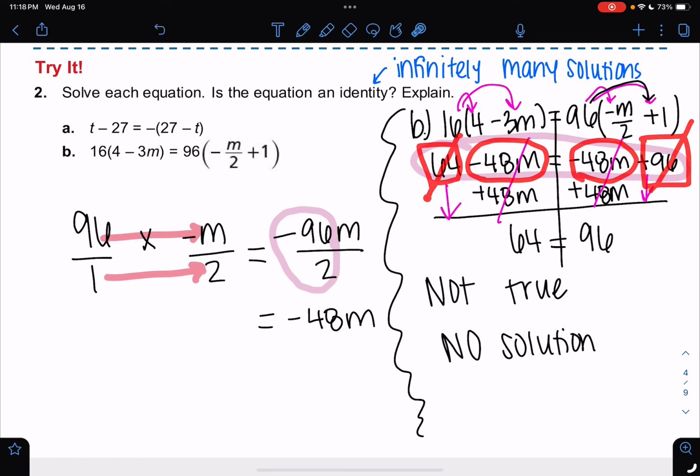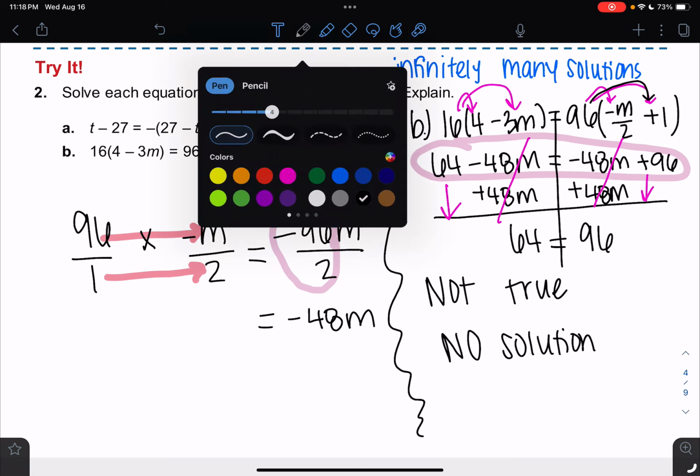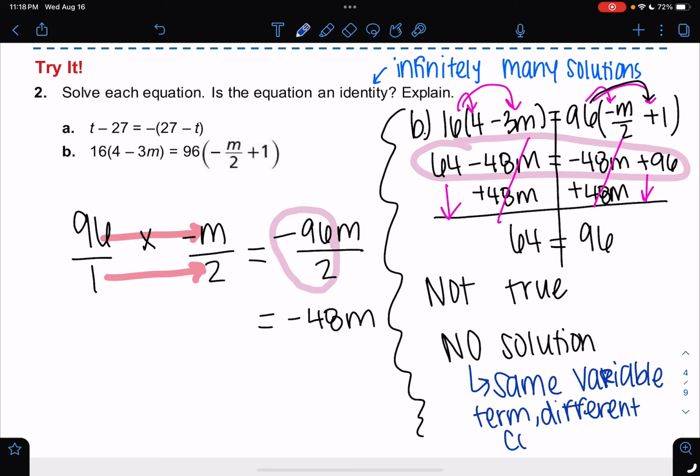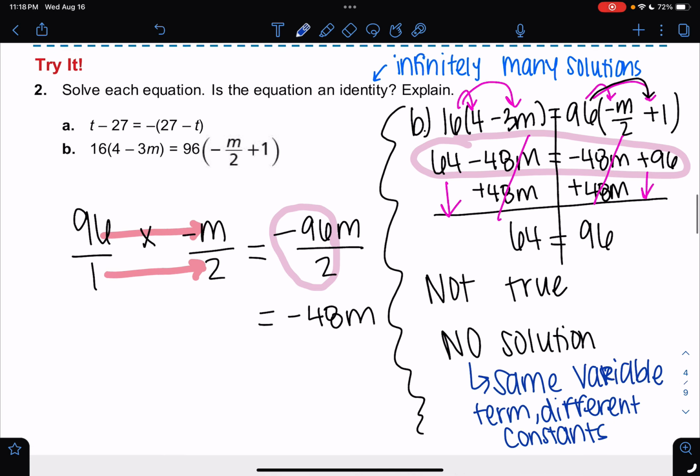When that happens, I'm going to have no solution. Okay, so put that on your paper, that no solution is going to give me the same variable term but different constants. Okay, and that is it for number 2. All right, moving along.